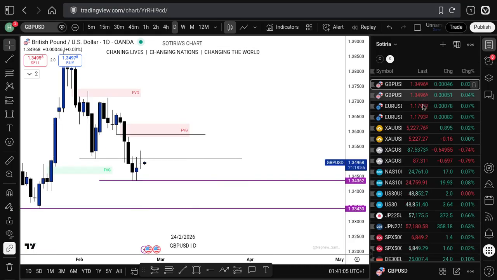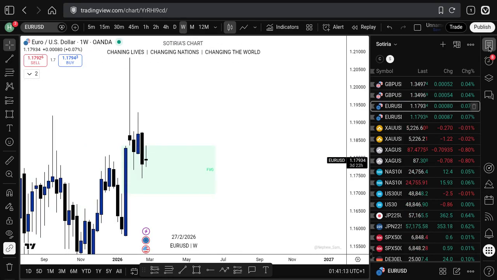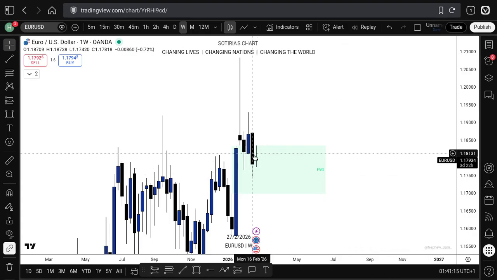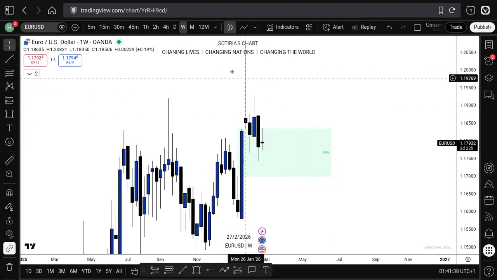Now over to EURUSD. On EURUSD, if we look at the weekly time frame, we can see something right here. From this previous structure where price gave us a confirmation on this breaker block and FVG, price came back and took out this low, taking out this low without giving us any clear buy move from the weekly time frame.